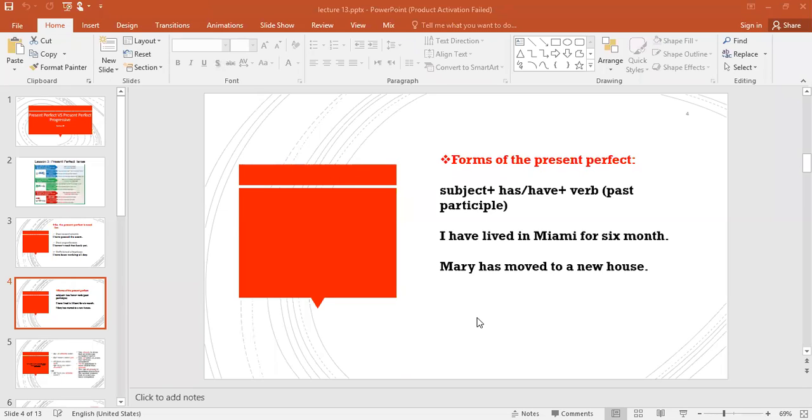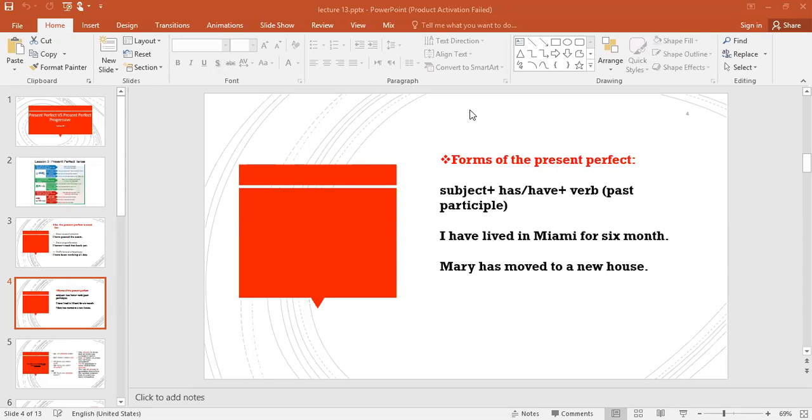Okay, the present perfect is the verb that contains a present verb that has s, es. This is the present simple. The present perfect contains has or have. Very good. Plus which form of the verb?